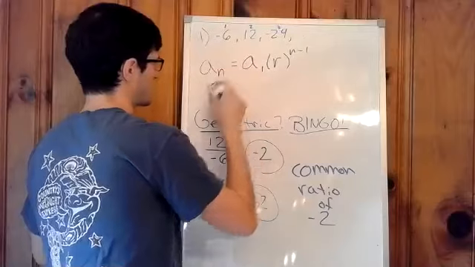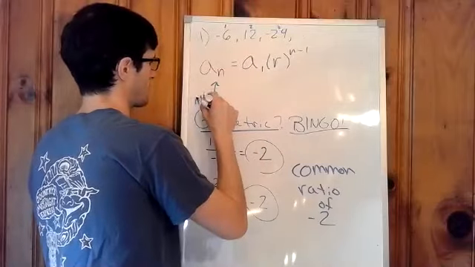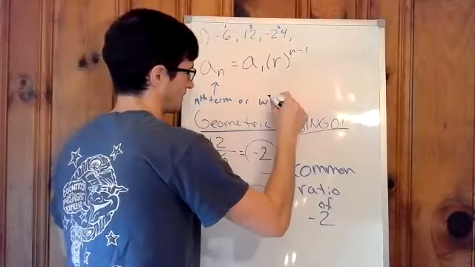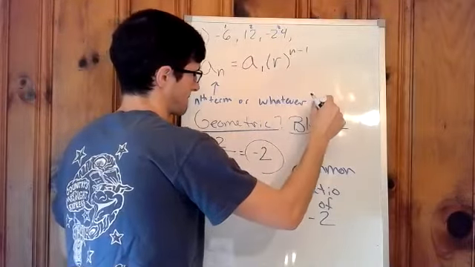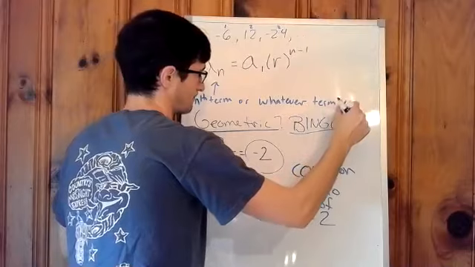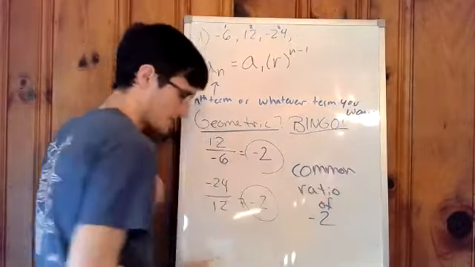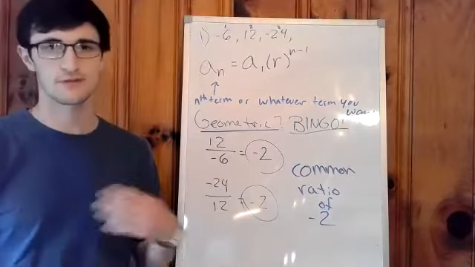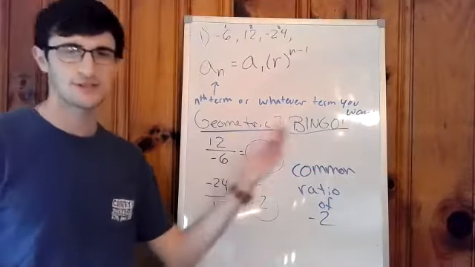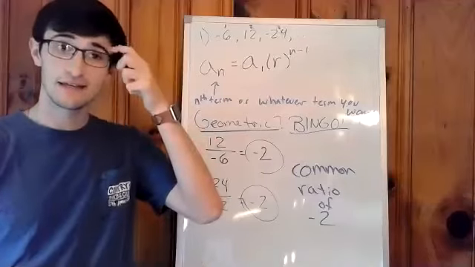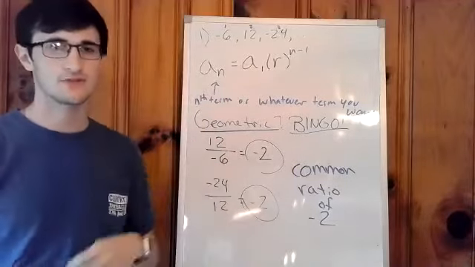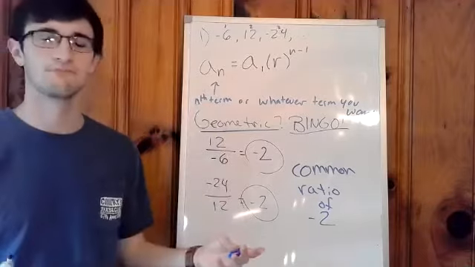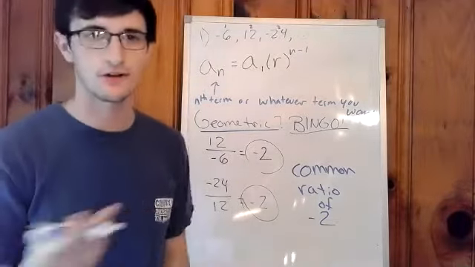This is basically saying the nth term, whatever, when it says nth term, it means whatever term you want to find. It could be the 100th, it could be the second, the 50th, it could be whatever term you want to find. That's what it means to be the nth term. N is just a placeholder for a number. It could be, again, 50 or 100.